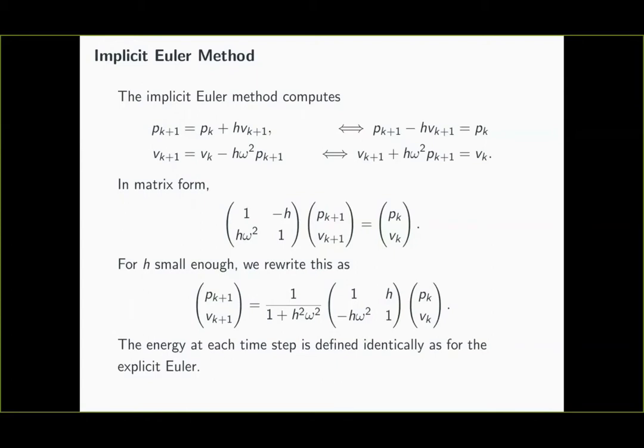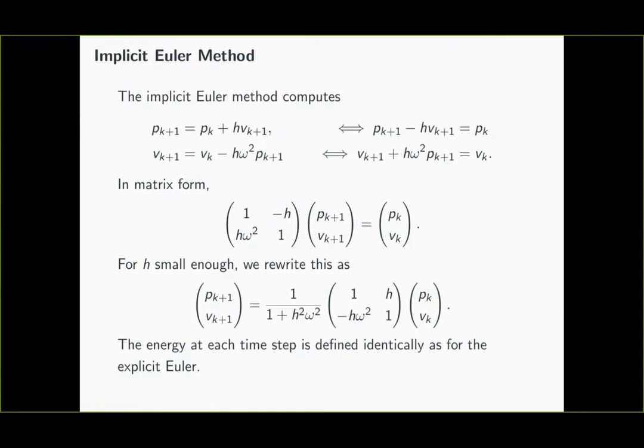And what you see here is that on the left-hand side, we actually have got a matrix vector product. We can rewrite these last two pairs of equations in matrix form. So we have the matrix with entries (1, -h; h omega squared, 1) multiplied with the iterate (p_{k+1}, v_{k+1}) equals (p_k, v_k).